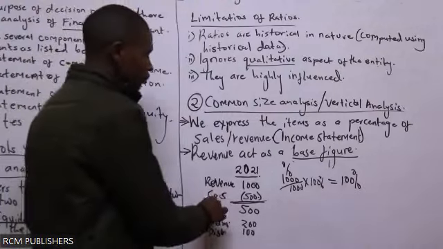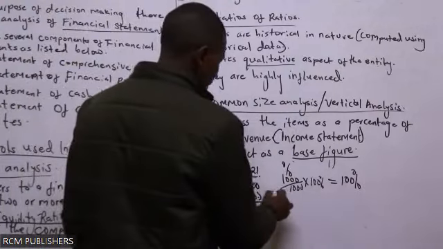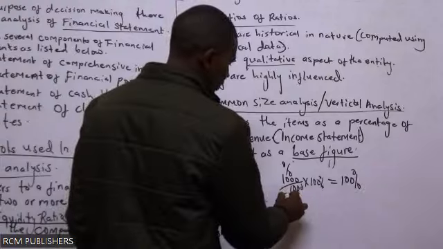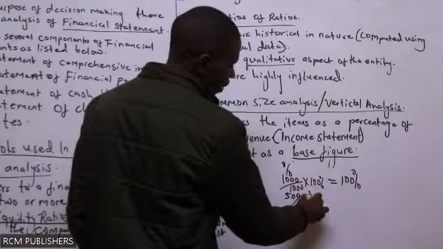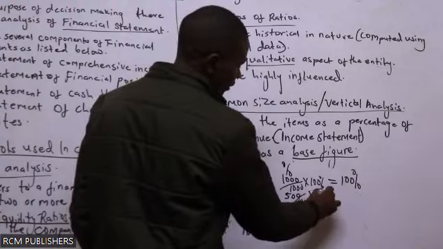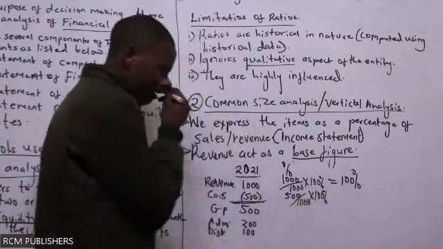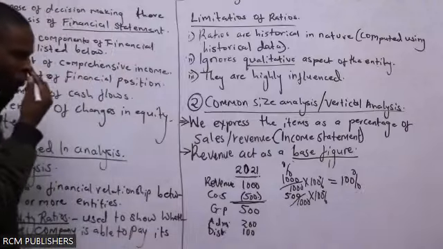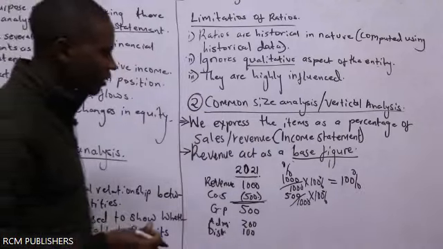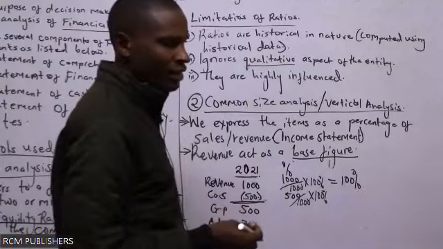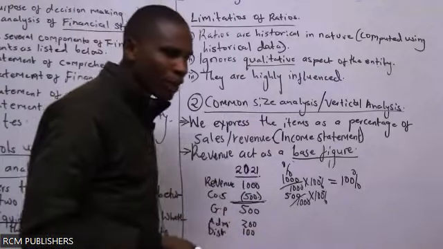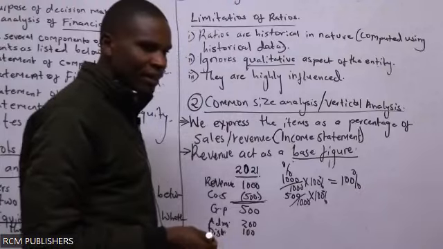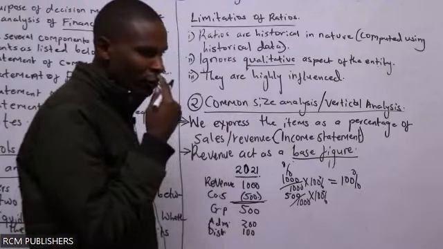What about the cost of sale? As a percentage of sale, it is 500. 1,000 is our base figure always, times 100. What about the cost of sale? 500 divided by 1,000 times 100%. Itakuwa ngapi? Imekuwa 200.